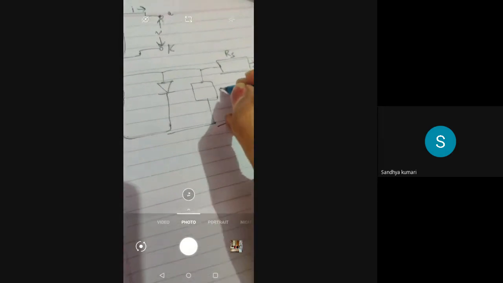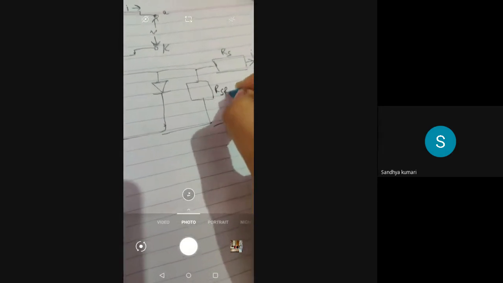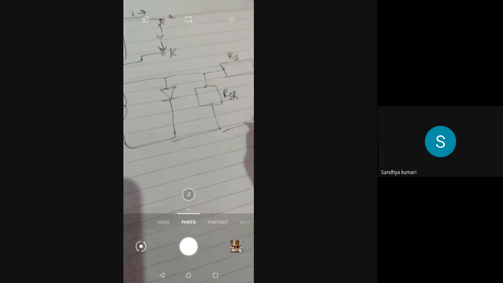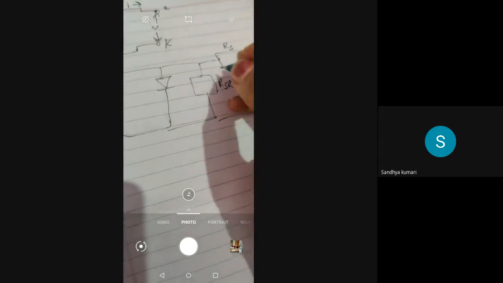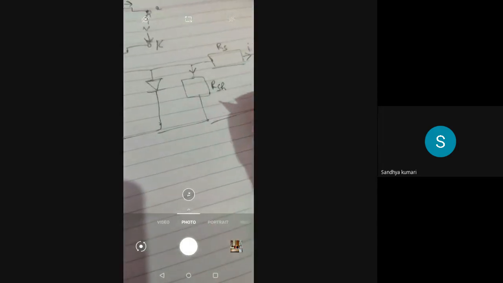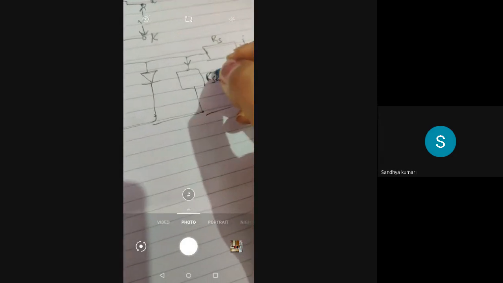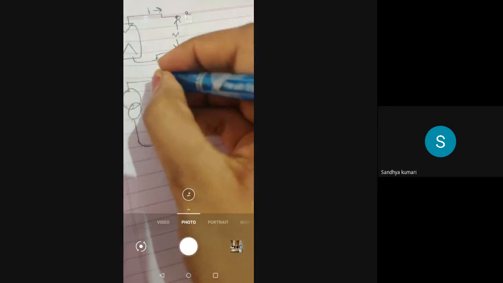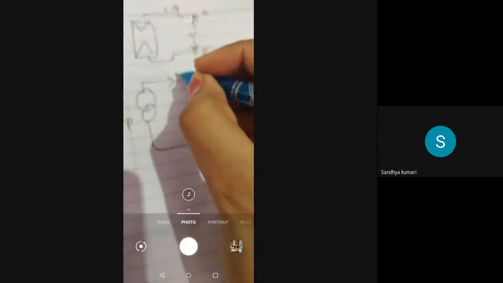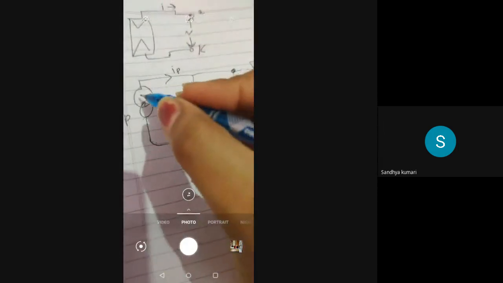This is the other resistance, the shunt resistance RSH, and we are denoting the current coming from this branch as IRSH, the shunt current that is coming from this resistance. This is the current that is coming from here, which we denote by IP.